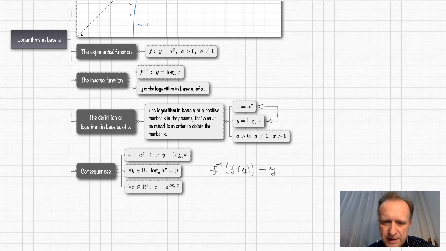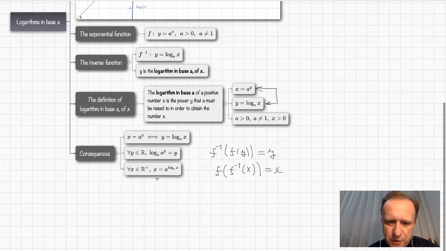So if we combine the inverse and the original function in this way, what we get is the identity, the identical function. And moreover, this second statement says that f of f inverse of x is just x for all possible values of x.